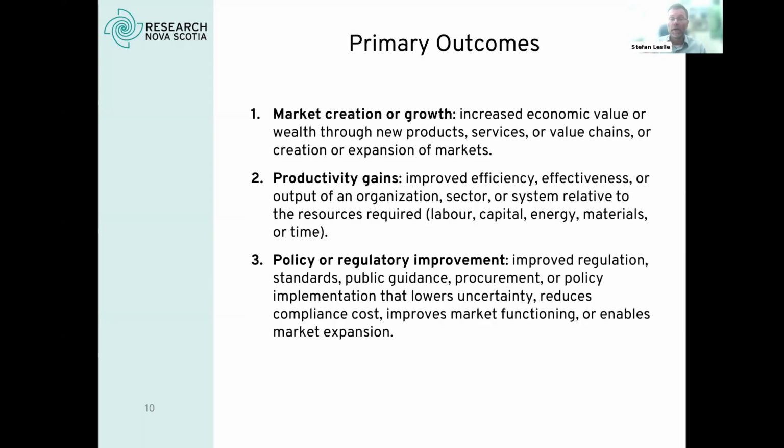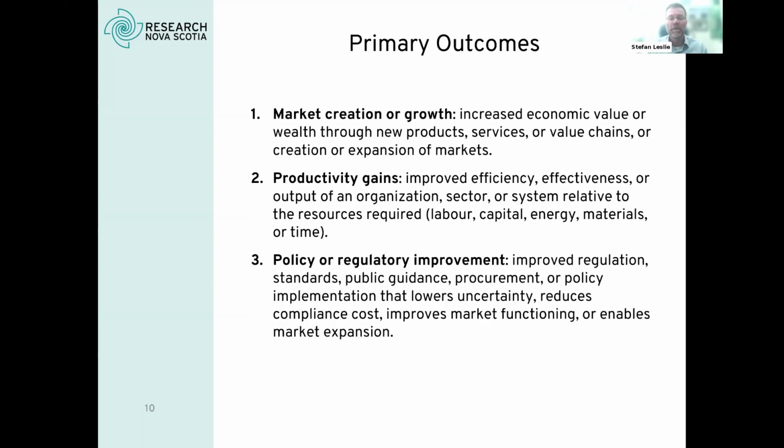And then this third area, recognizing that in some instances what is in effect inhibiting that growth is a limited policy or regulatory environment, and that there are improvements that can be made to that environment that will in fact unlock that economic opportunity. And that's an idea that's not fully captured within market creation or productivity gains.